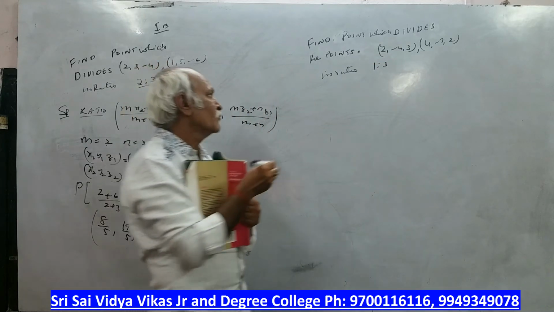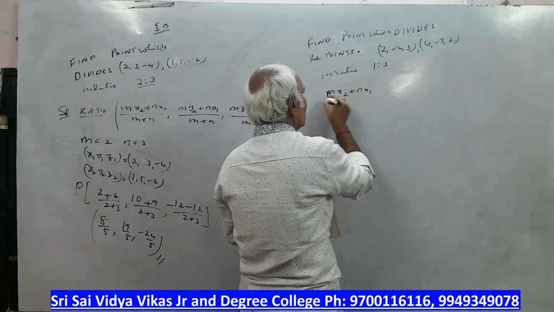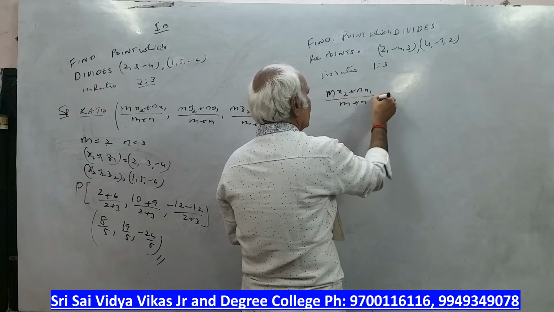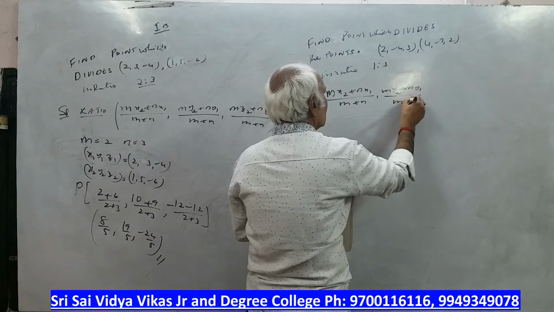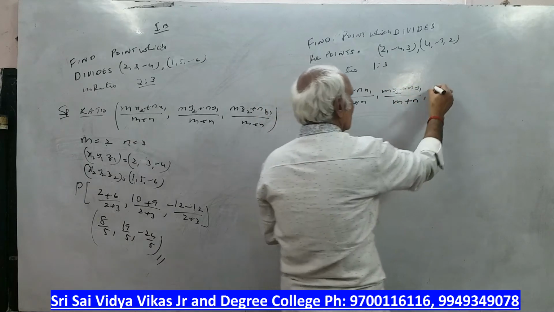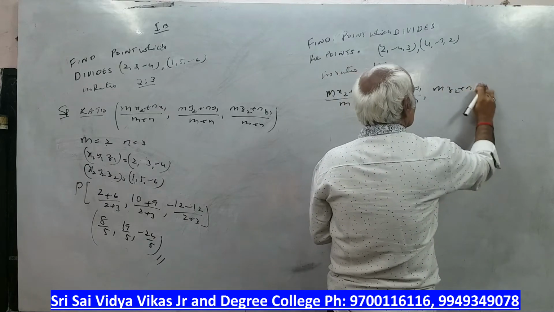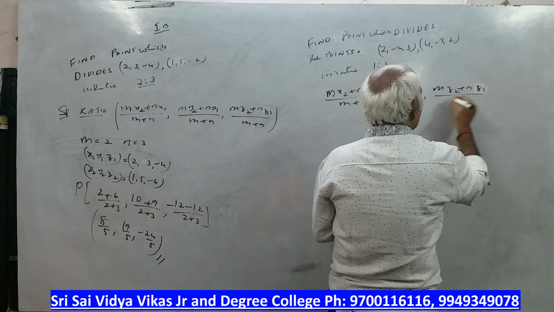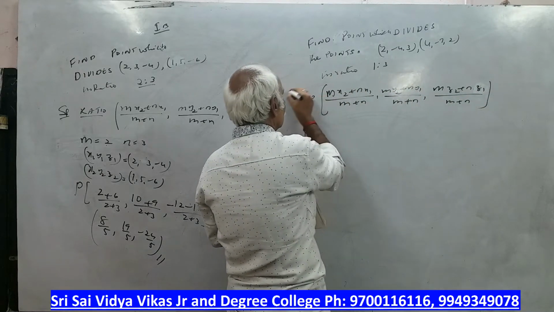Right? Again, formula: (mx2 plus nx1) by (m plus n), (my2 plus ny1) by (m plus n), (mz2 plus nz1) by (m plus n). Okay, solution.